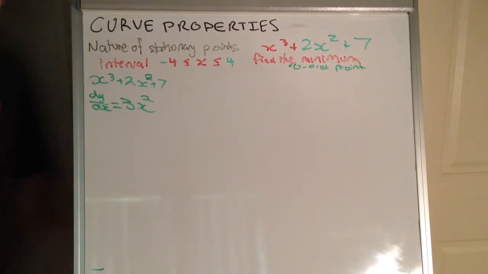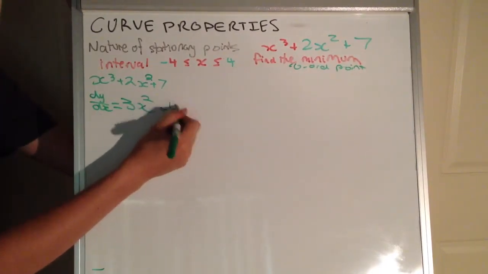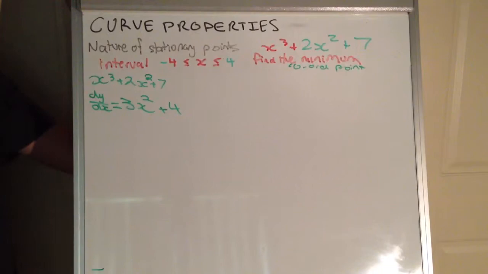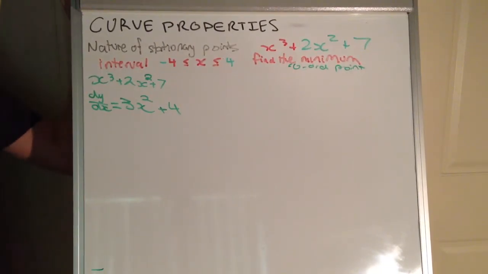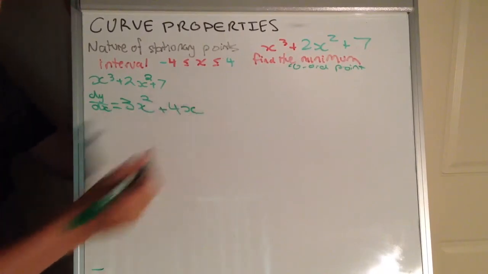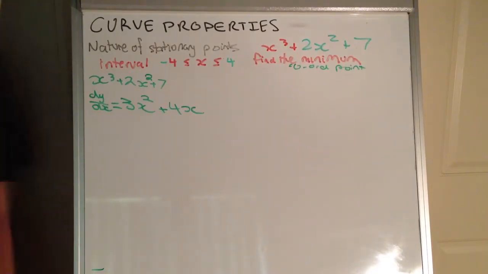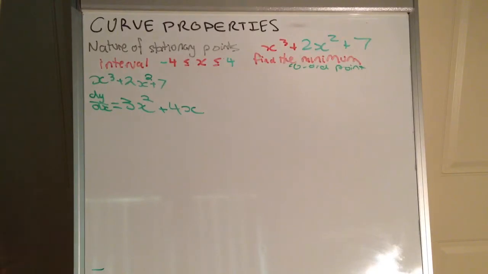Then we multiply the exponent by our coefficient, so we have 2 times 2, which makes 4, and then we subtract 1 from the exponent. 2 take 1 is equal to 1, so we just have plus 4x. And then the derivative of a constant is 0, and I've gone through that several times before in previous videos talking about horizontal lines. So we're done.